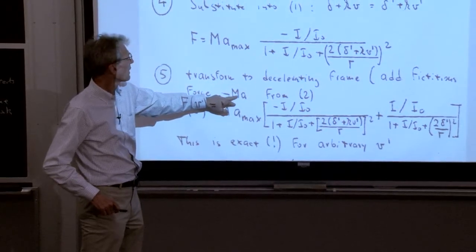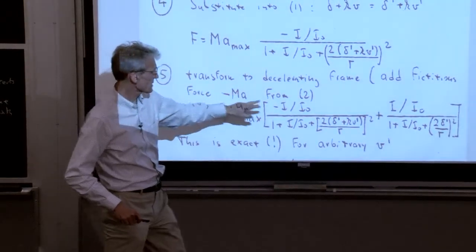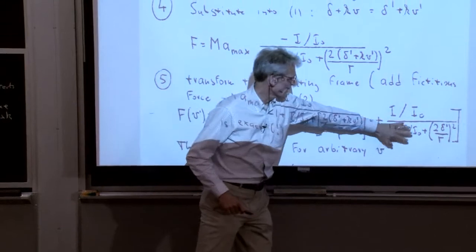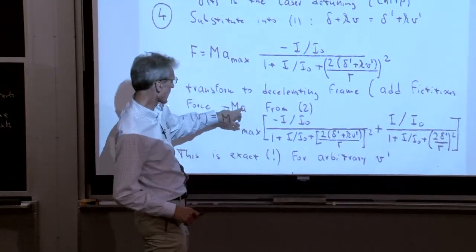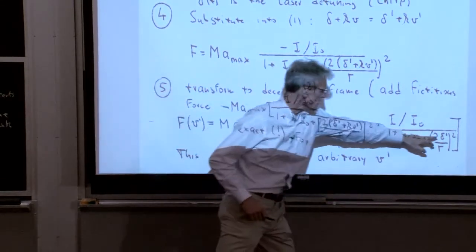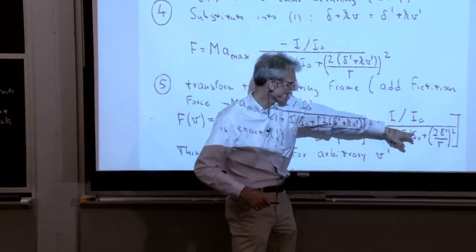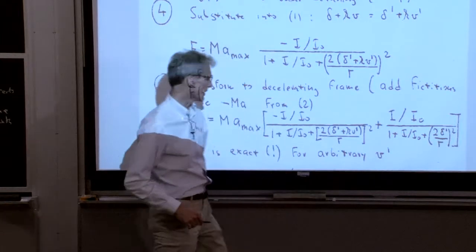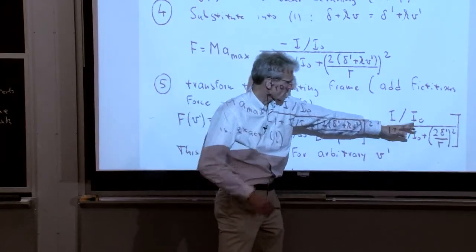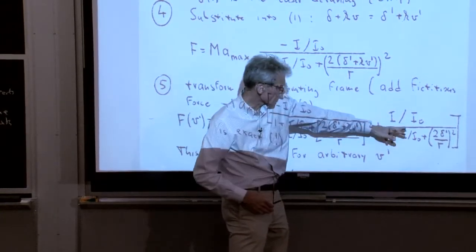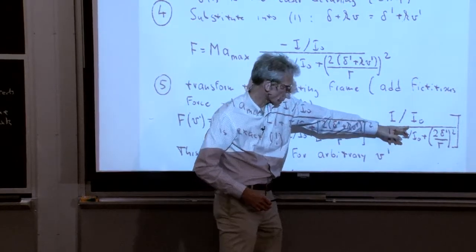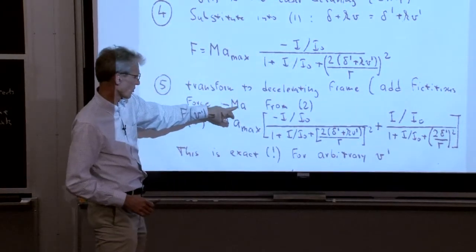But I'm expressing it now by the other parameters. We've chosen our acceleration, we've chosen the detuning, delta prime, everything is sort of connected, and this is just a way to use the correct, the easiest parameterization for this constant force.